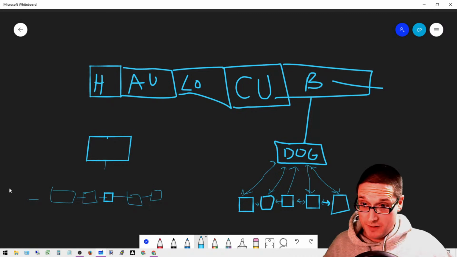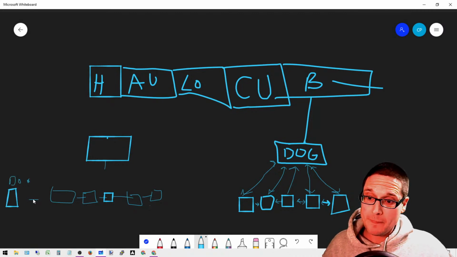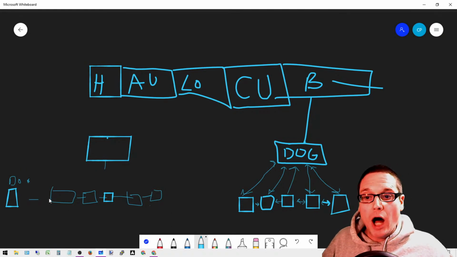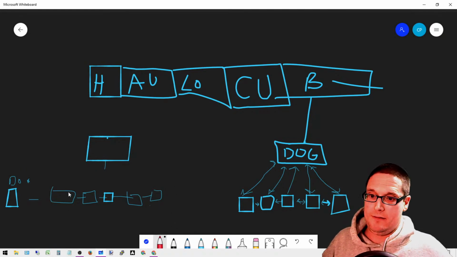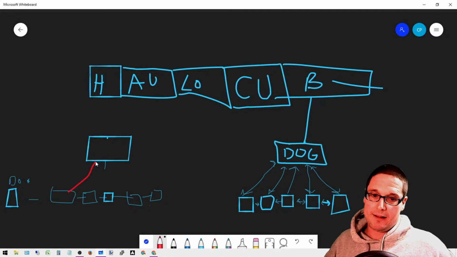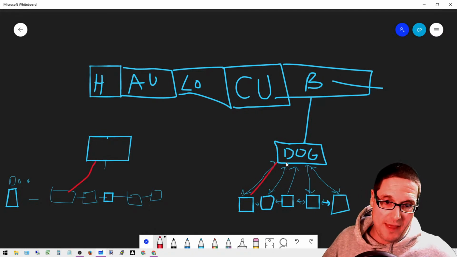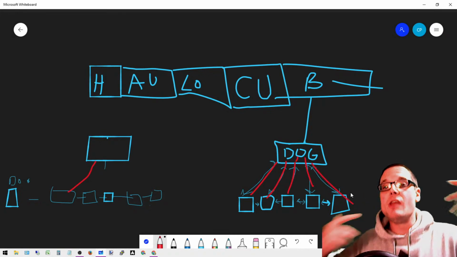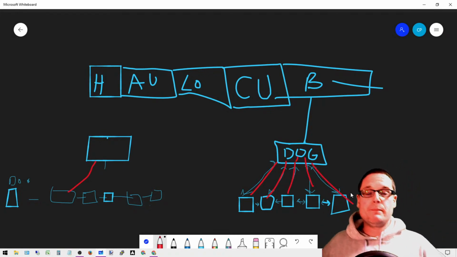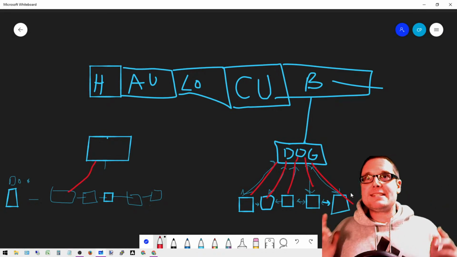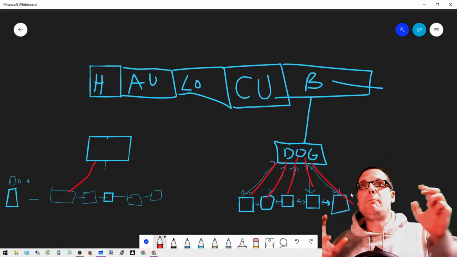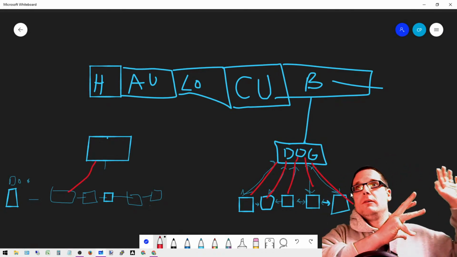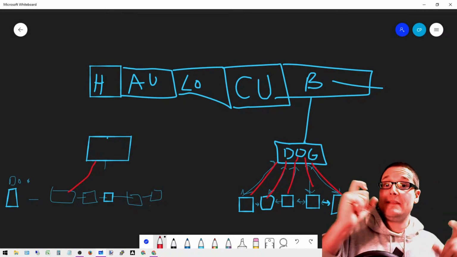If I were to draw it this way, this could be the main level page. This is dogs. And all of these link up, and only one is going to link back instead of all of them, right? This is just another way to do it. I have yet to see a benefit of one better than the other.